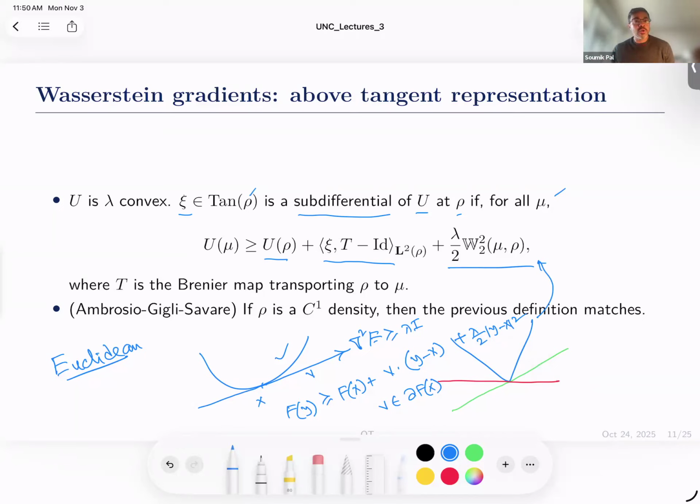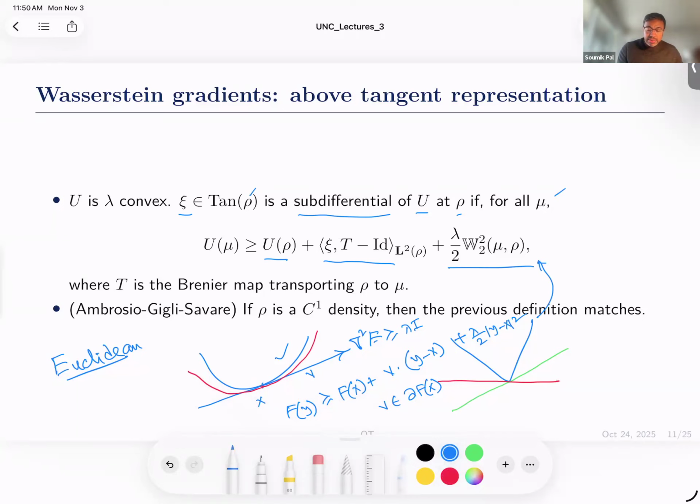The identity will give you the norm of y minus x squared, and the Hessian will just give you this bound by lambda. And so for the Euclidean case, if I have a lambda convex function, then that's the bound you would get. You can see not only that the function is above the tangent, but you can also quantify how much above the tangent it is: you would be able to fit a parabola touching this point, which is growing at rate lambda, and it would lie inside.